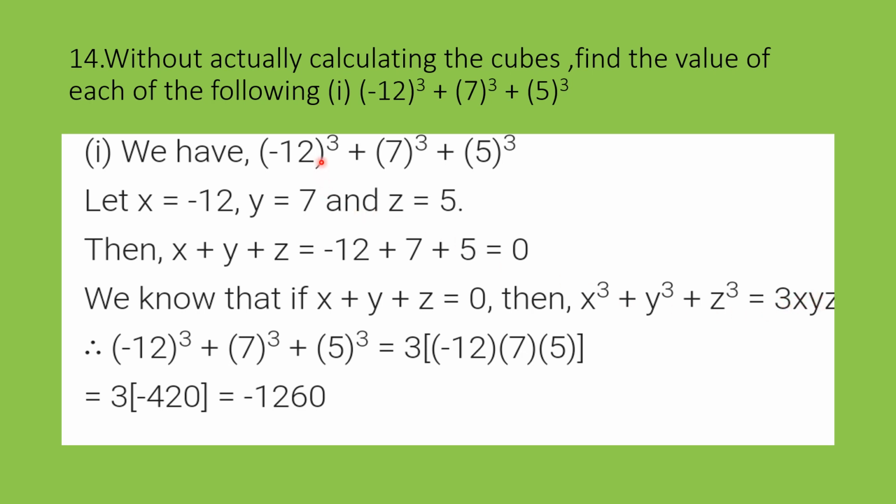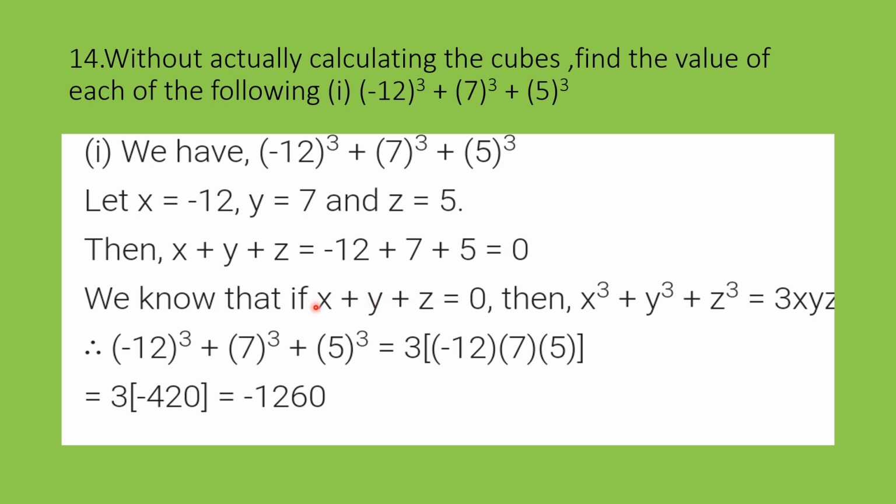Now you take x equal to minus 12, y equal to 7 and z equal to 5. x plus y plus z equal to minus 12 plus 7 plus 5, that is equal to 0.